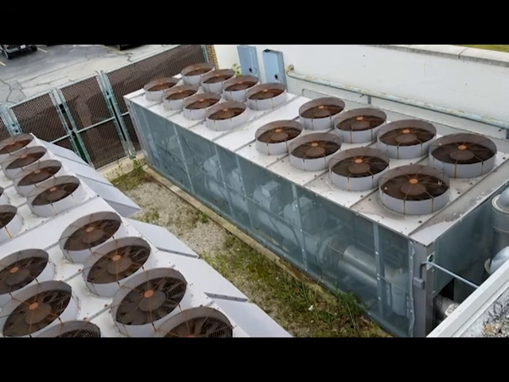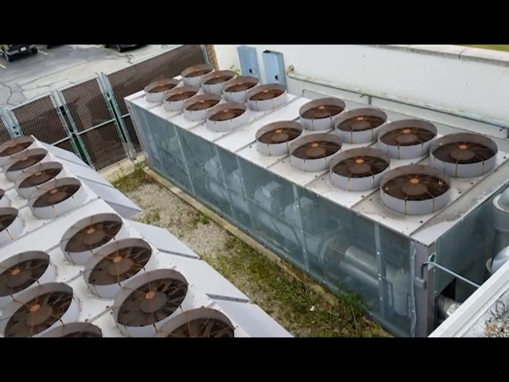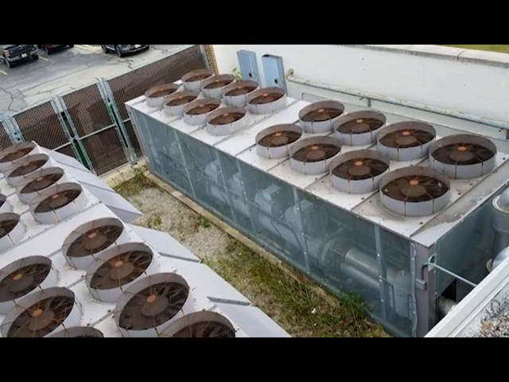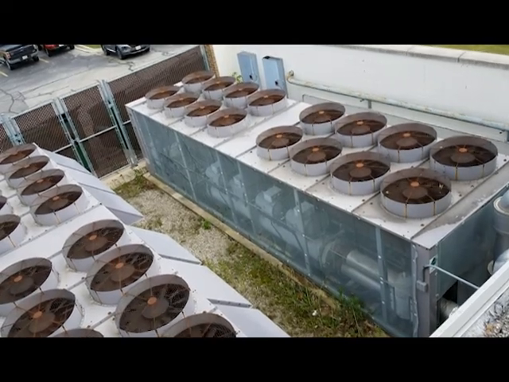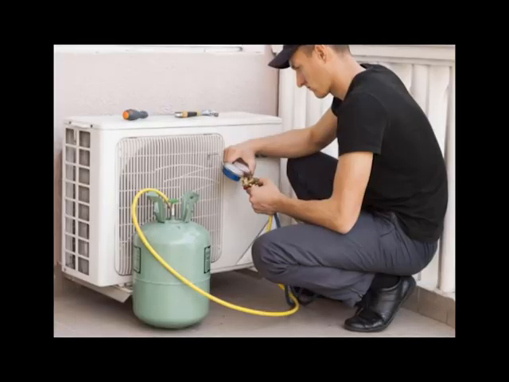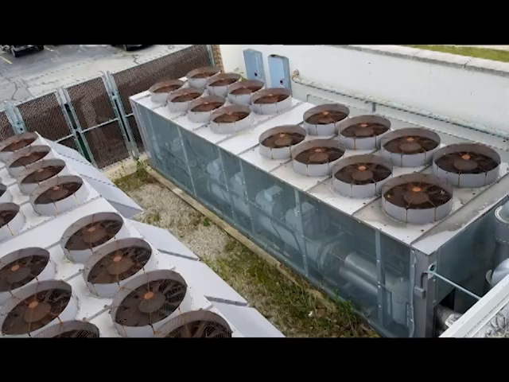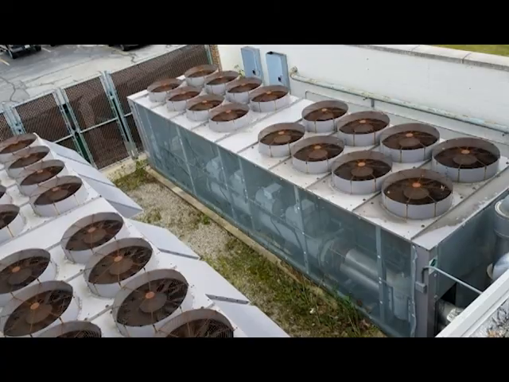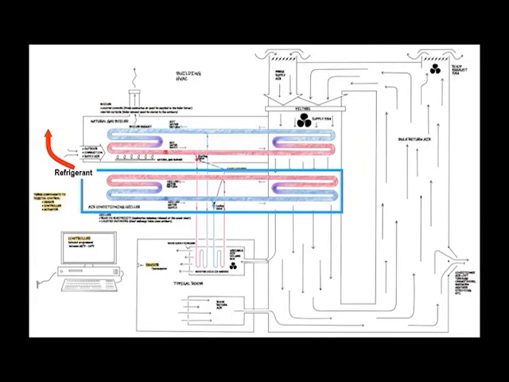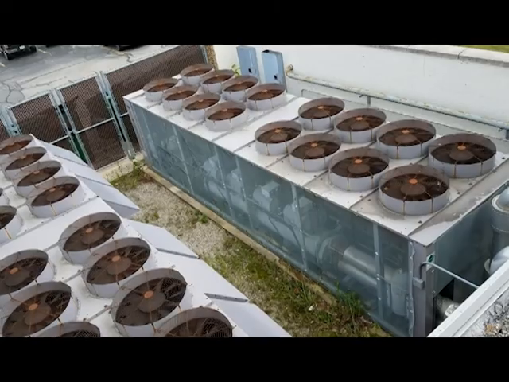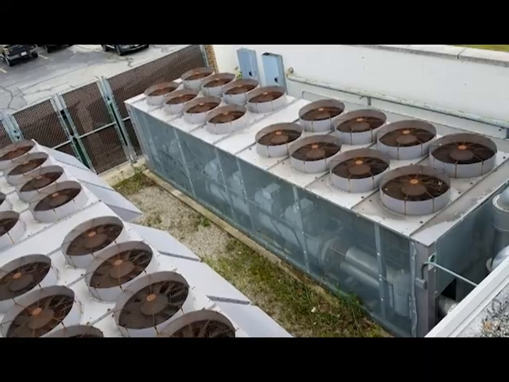As you might expect, the fans are pulling air through a heat exchanger here, releasing heat from the building to the outside air. Air conditioning systems typically use a special fluid called a refrigerant or coolant to transfer warm indoor air to the outdoors. You see that heat exchange happening here. These fans are removing heat from the refrigerant, which contains heat that came from inside the building, and releasing it outside.